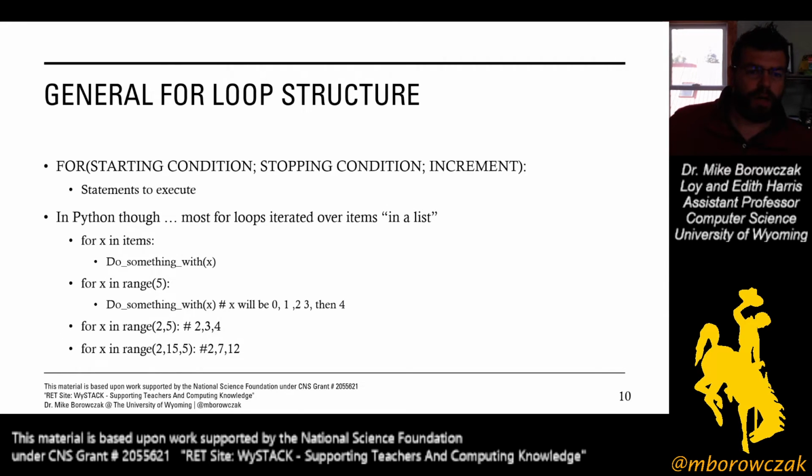So basically, our starting condition is we're starting at 2. We're going to stop once we reach 15 or go above 15, and we're going to increment by 5 at a time. So what numbers we're going to see are 2, 7, and 12. The next time through, we would add 5, and that would be 17, which is definitely bigger, and we wouldn't run that.